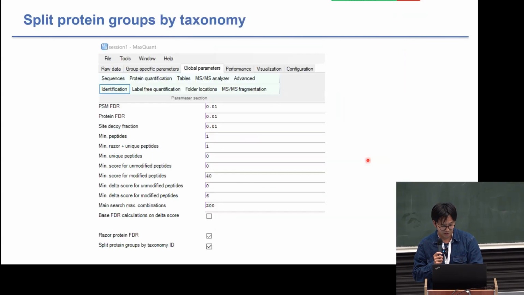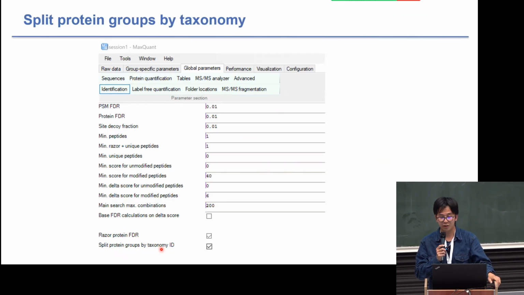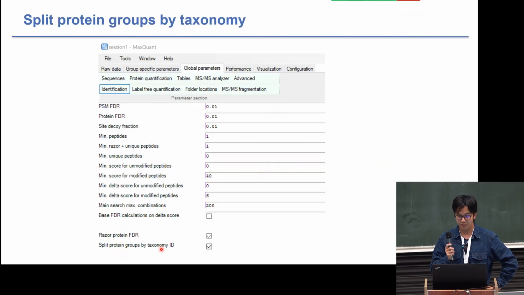And which is even better is that in MaxQuant, there is a very special feature in the identification called split protein groups by taxonomy ID. This was actually not initially developed for metaproteomics, but for some benchmarking studies, for example, where you mix several different species. As Pelly introduced yesterday, we merge the proteins that share the same peptide into protein groups.